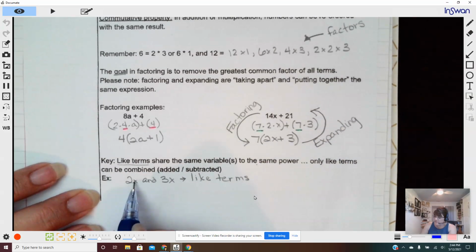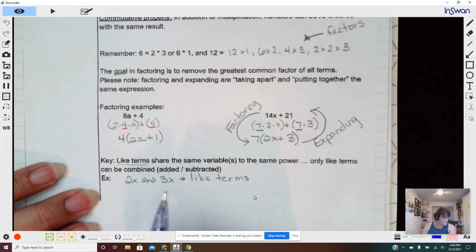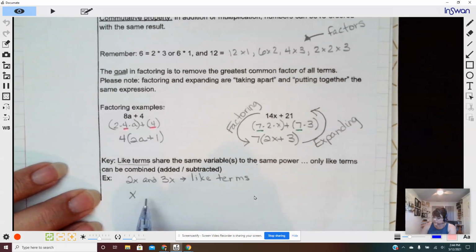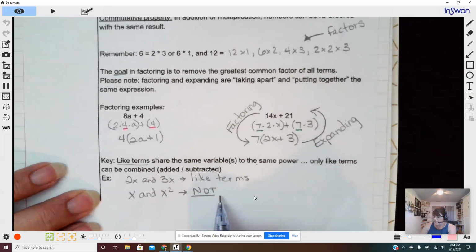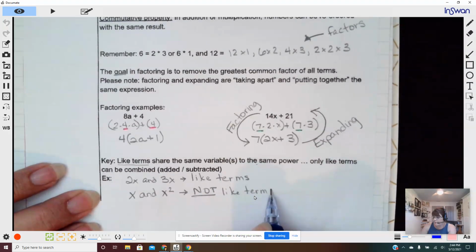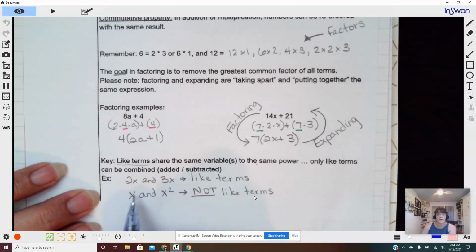They both have x to the first power. Okay? x and x squared are not like terms because this one's to the first power and that one's to the second power.